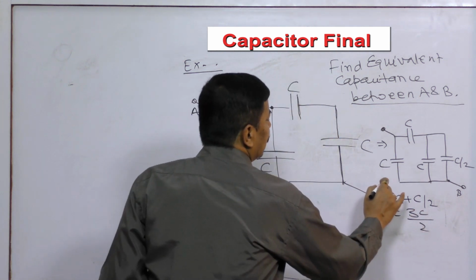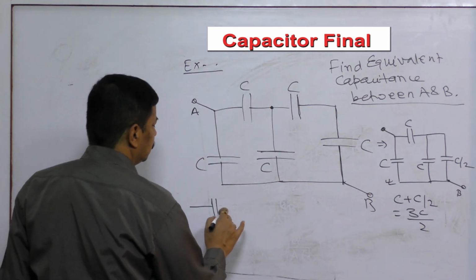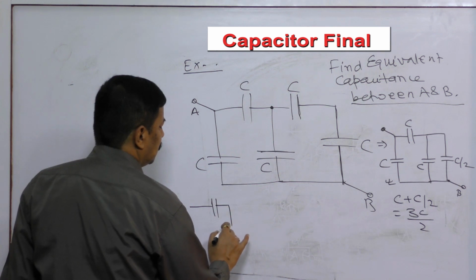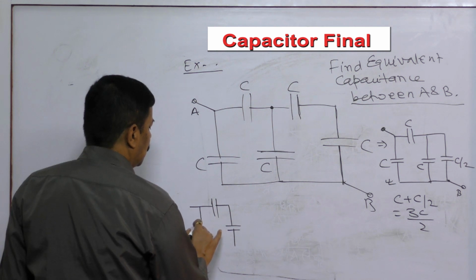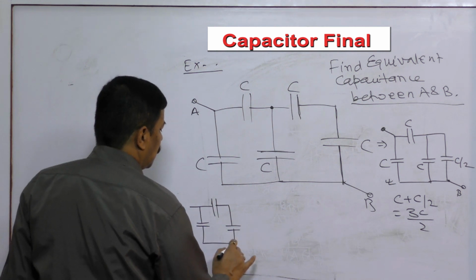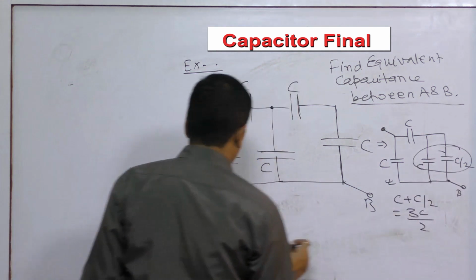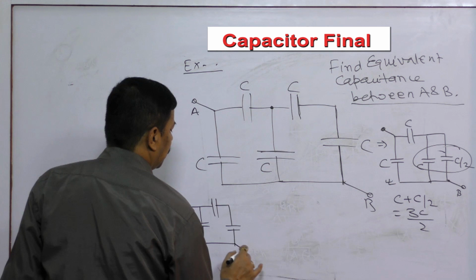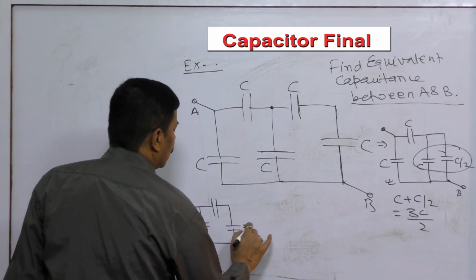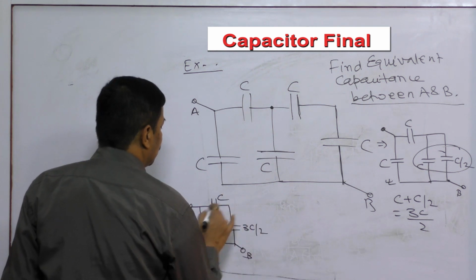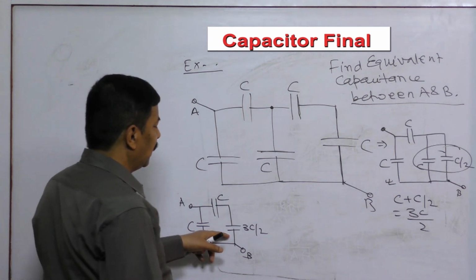So I am replacing this diagram with this. Now here you see this is replaced by 3C by 2. So it is your B, it is your A, 3C by 2, C, C. Again these two are in series, so what will be the equivalent capacitance?